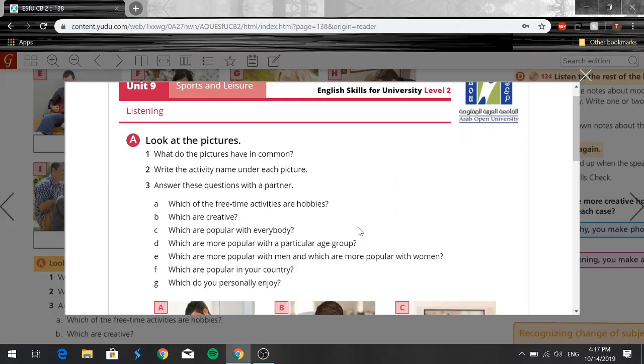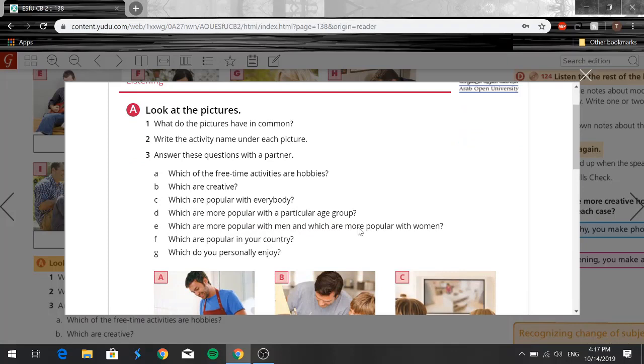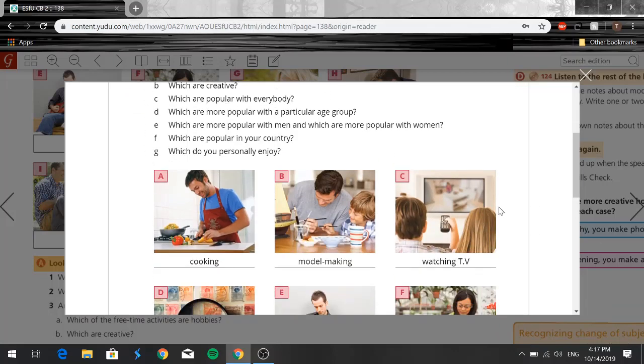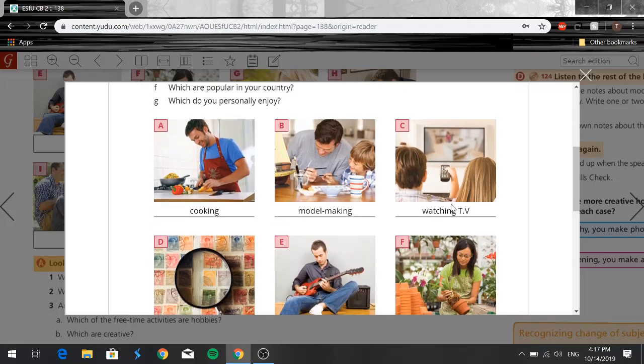Answer these questions with a partner. Which of the free time activities are hobbies? Well, definitely not TV. Because if you consider watching TV as a hobby, then I'm sorry, you need to get a life.